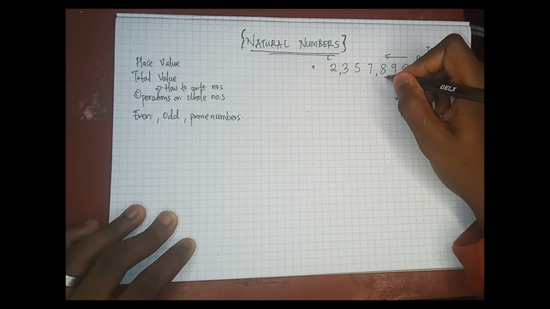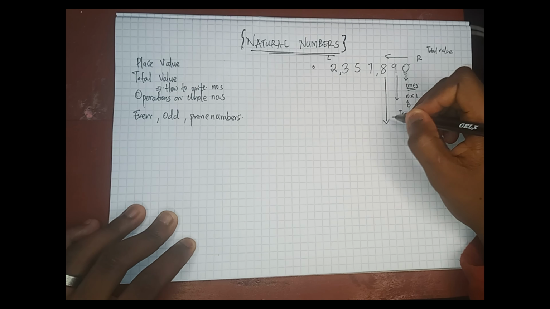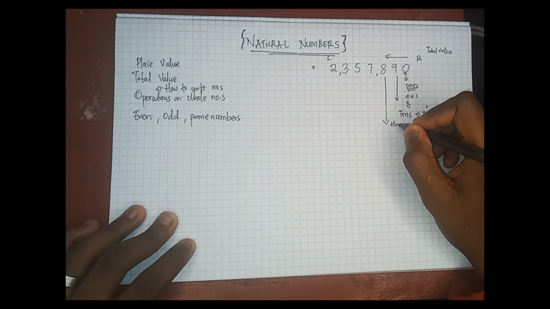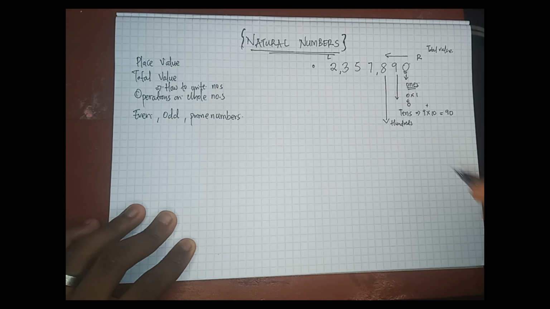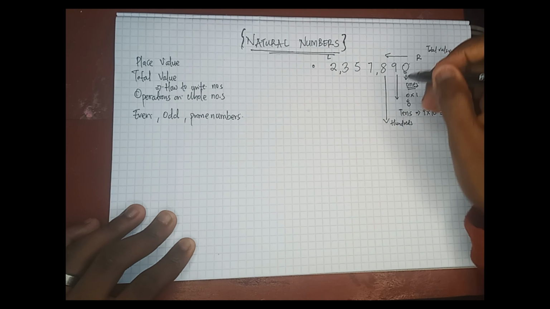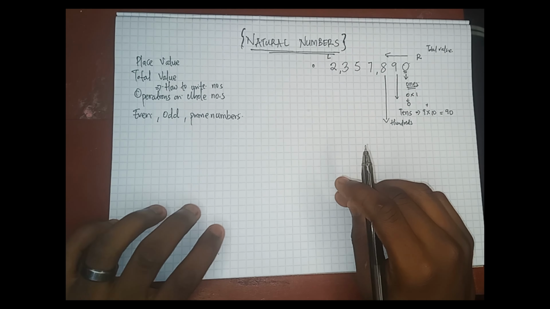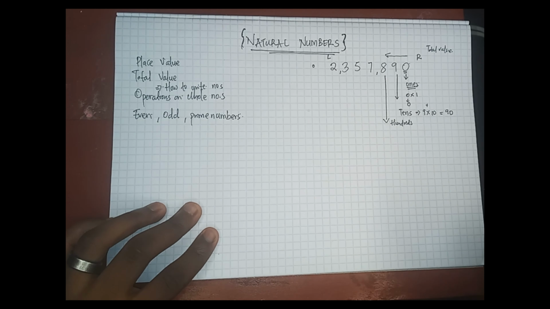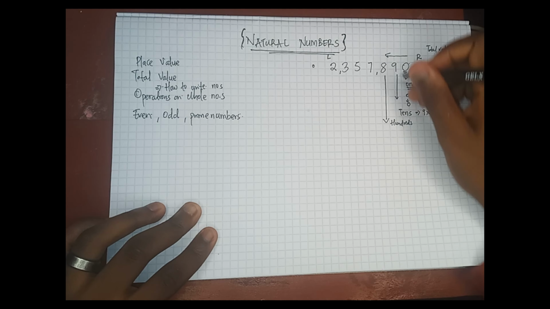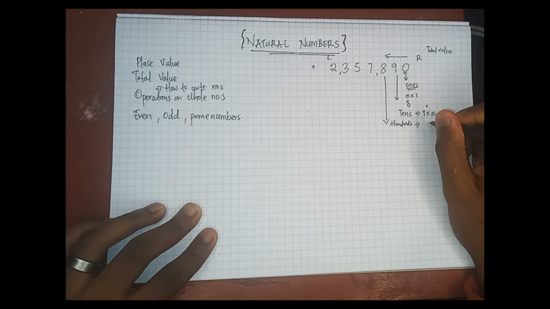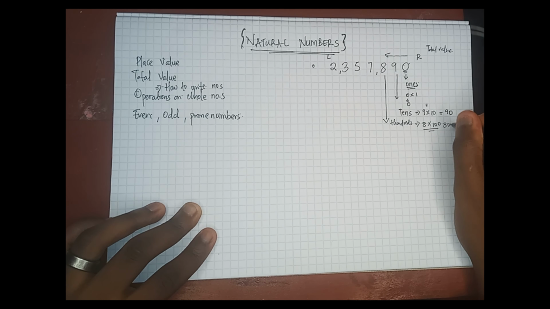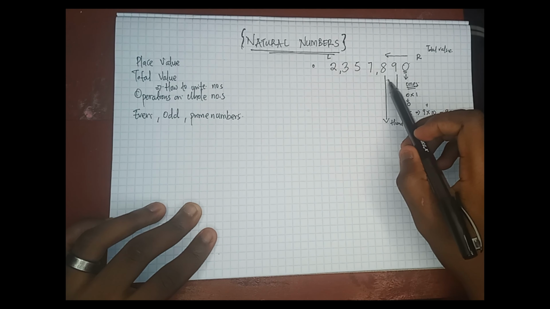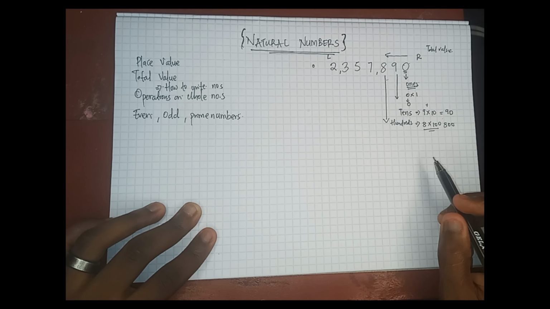So moving on, 8 ni the hundreds place value. So by the time tunamaliza with this number, you'll have understood the concept of place and total value. 8 is in the hundreds place value, meaning that its actual total value is 8 times 100. So inakuwa 800. So ni 800 plus 90 plus 0.